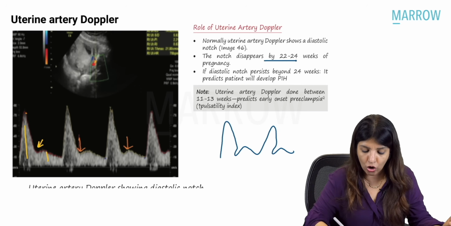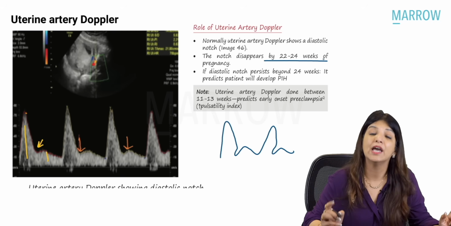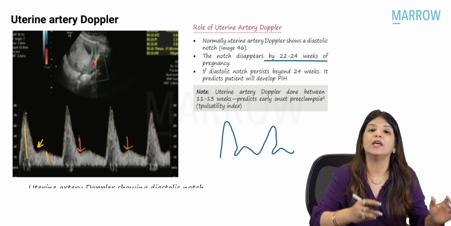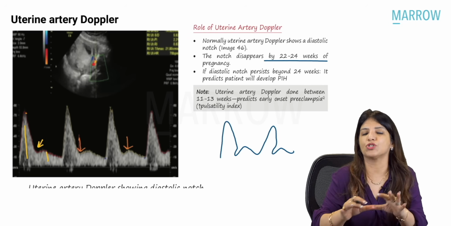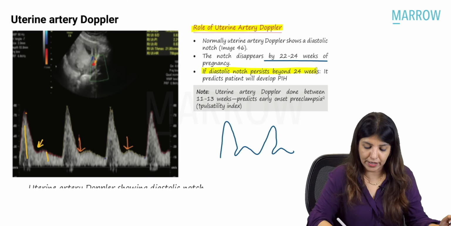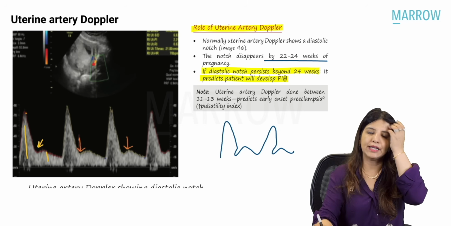This diastolic notch normally disappears by 22 to 24 weeks of pregnancy. If this diastolic notch persists, it means that during this pregnancy, your patient is going to have PIH. So the role of uterine artery Doppler is to predict that the patient develops PIH.